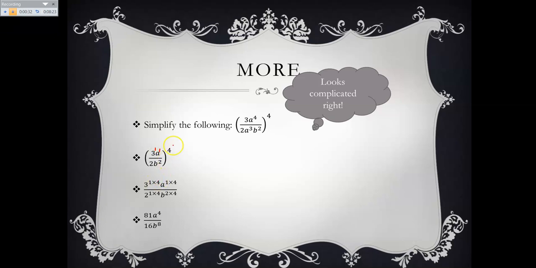So it's 3 to the 1 by 4, a to the 1 by 4, 2 to the 1 by 4, b to the 2 by 4, and we simplify. So this would be 3 to the 4th power, and that would give us 81. A to the 4th, 2 to the 4th power, that's 16, and that's b to the 8th power. And that would be our answer.